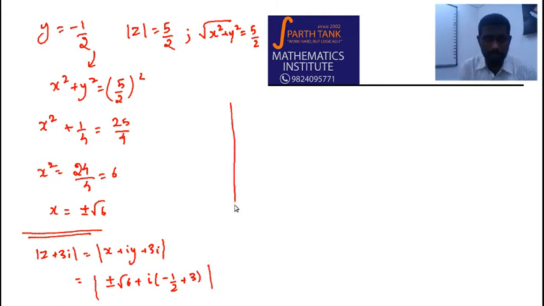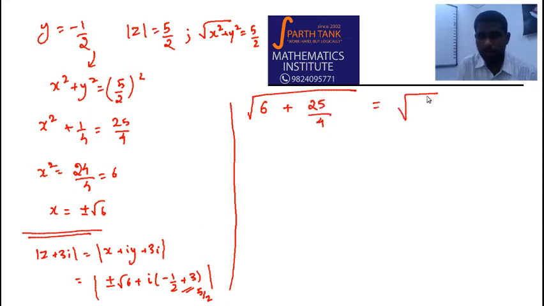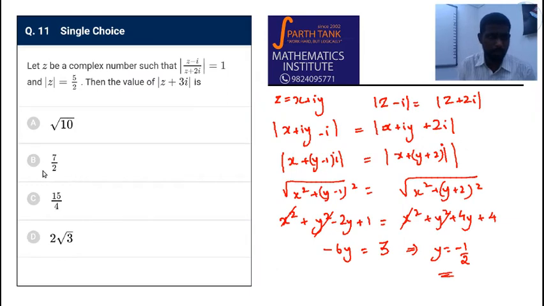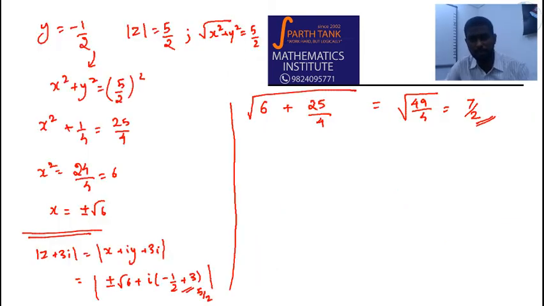Now you see that this plus or minus has no value now, it becomes 6 under root, plus minus 1 by 2 plus 3 is 5 by 2. So this can be written as 25 by 4, or square root of 49 by 4, which is 7 by 2. So the answer is 7 by 2, option B. So the answer to question number 11 is option B, 7 by 2.